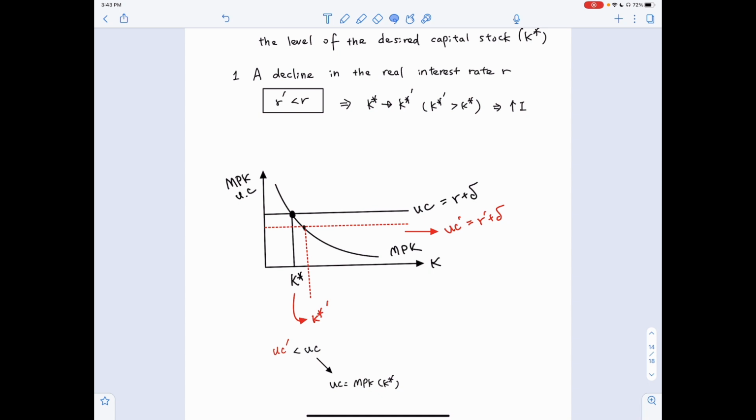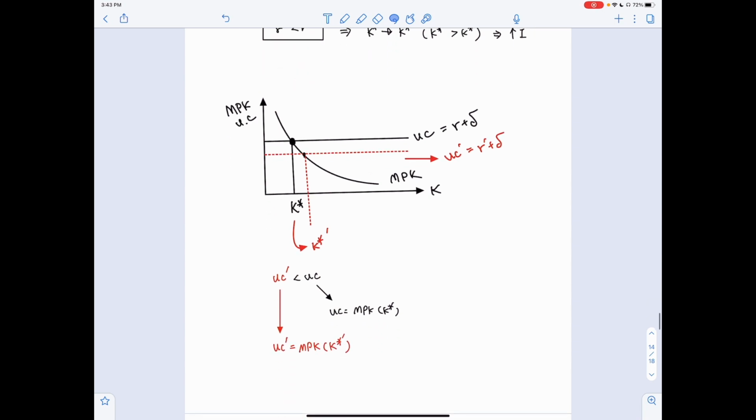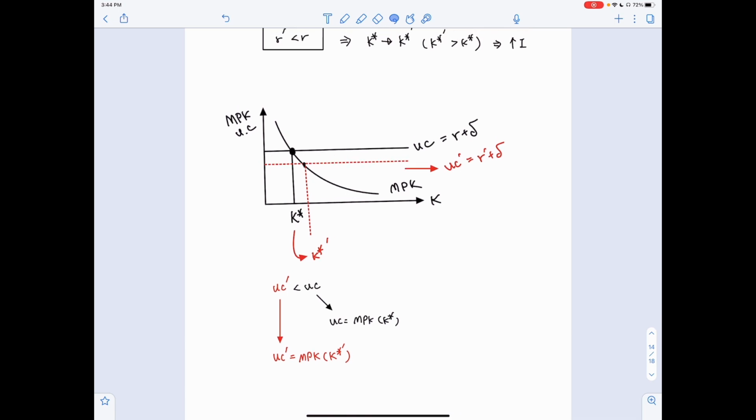Because as the user cost becomes lower, we are able to choose the capital stock with a lower marginal product of the capital. For this marginal product of the capital, the K is at the new K star. So the new level of the capital stock is higher than the old one. Therefore, we need to increase the investment.